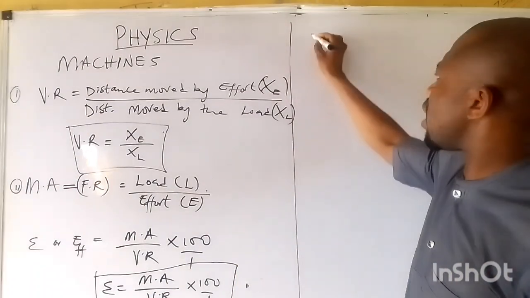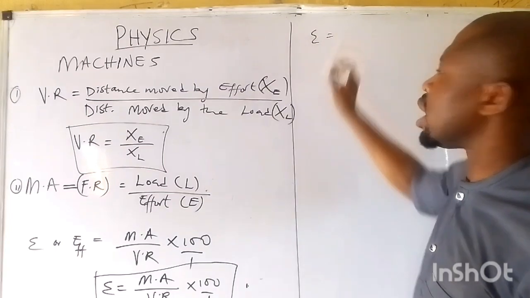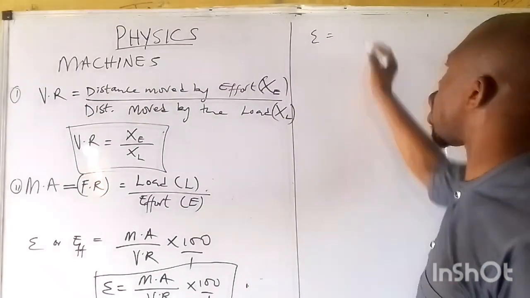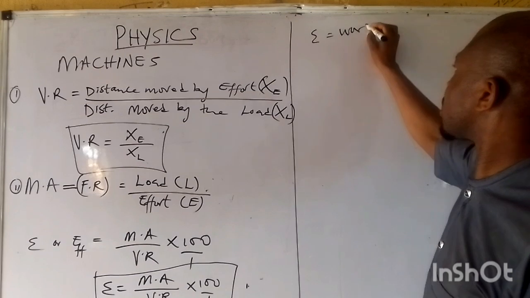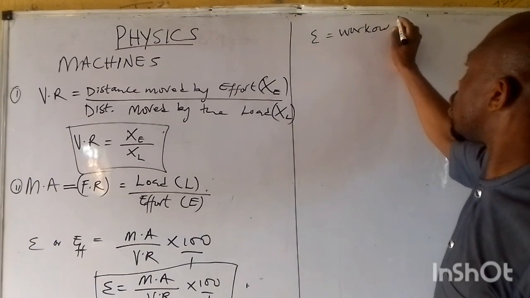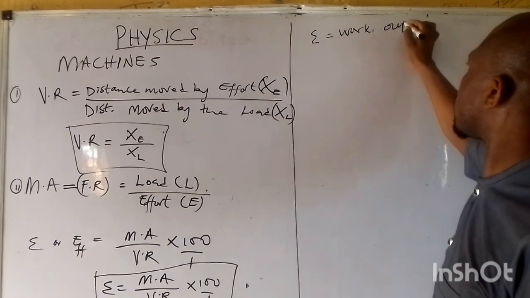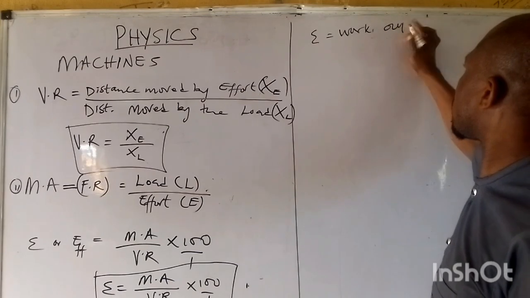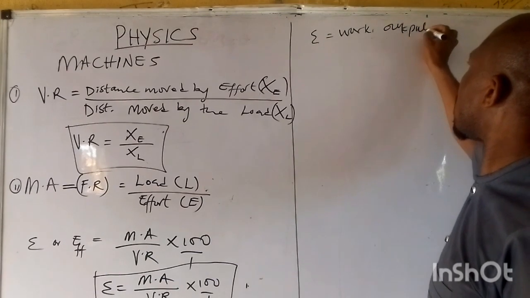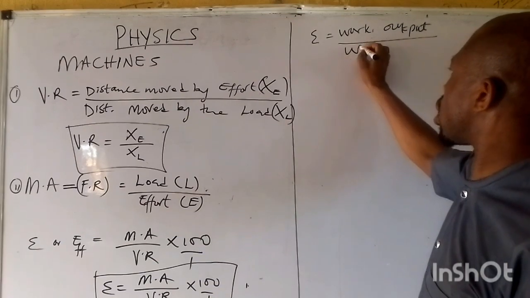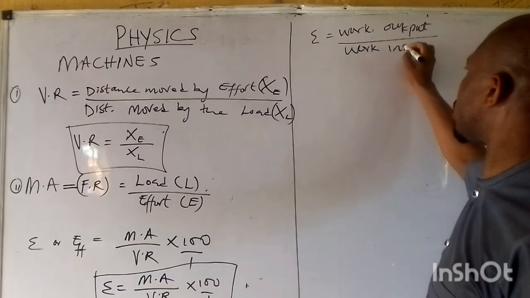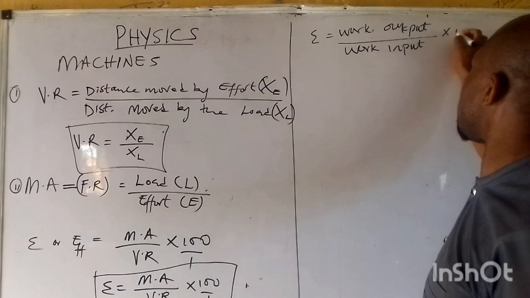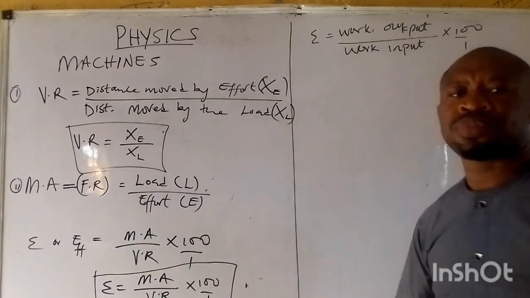However, we can still have that efficiency is equal to work output over the work input, multiplied by 100/1.